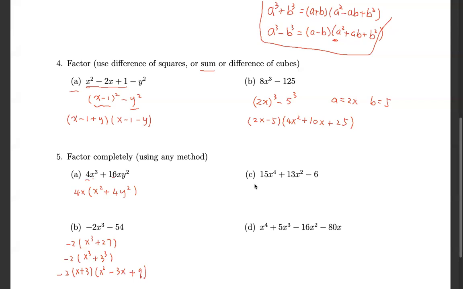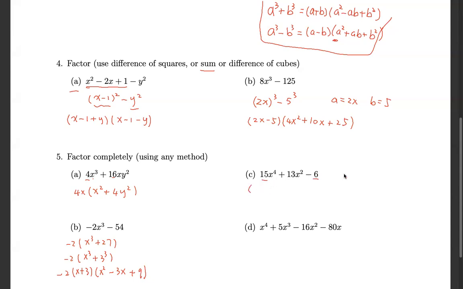Let's see C. We have 15, we have negative 6. If you want to use the bridge method, in class we talked about this. This is x raised to the 4, this is x squared, right? So you could use the bridge method.